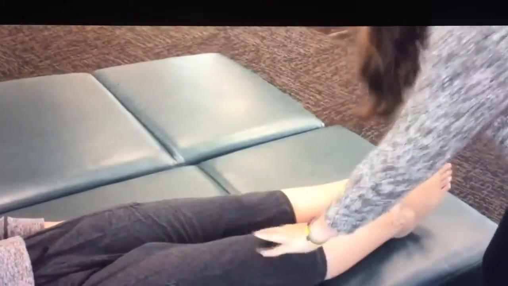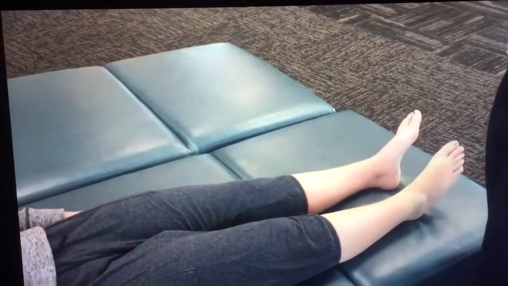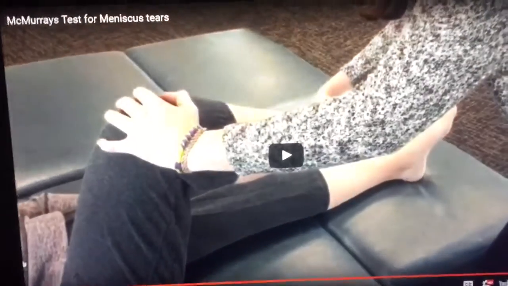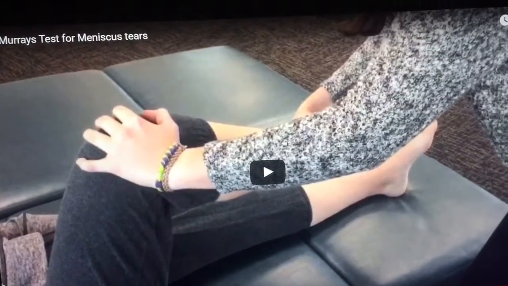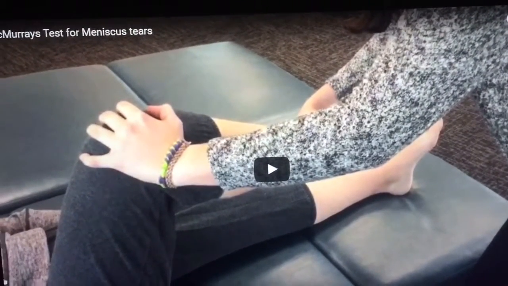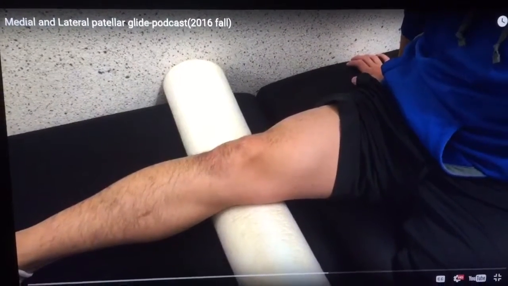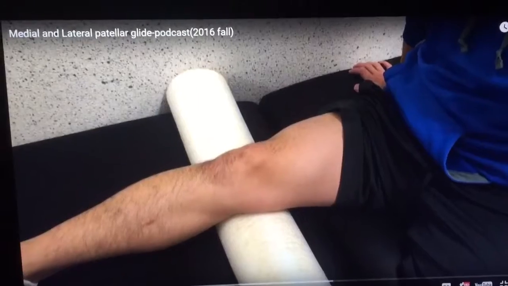This is again for testing for meniscal tears and lesions, among other injuries. A positive sign of this test would be clicking or grinding.